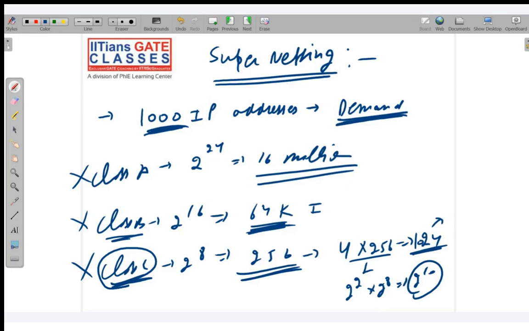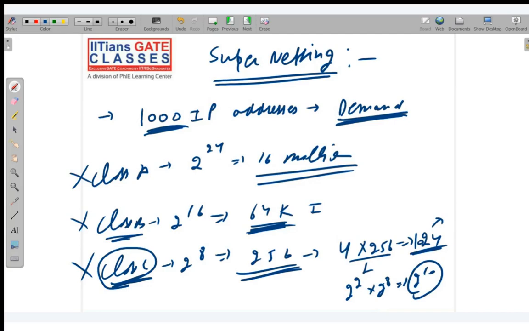Next point, the definition. We are assigning multiple blocks to one organization, that is supernetting. So write it: the process of assigning multiple blocks to one organization is supernetting. And what was subnetting? Exactly opposite.